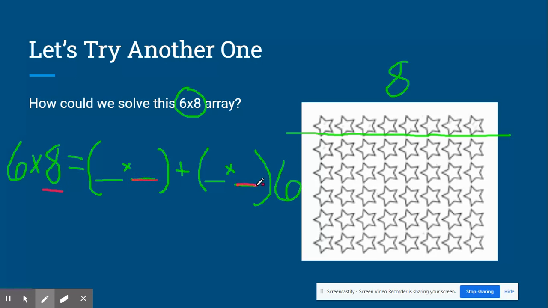The 8 is staying because we did not break apart the columns. So I'm going to go ahead and give you about 30 seconds to figure out what the other numbers are. And they're going to be your blue numbers. So we broke up the 6 some way. Go ahead and fill them out. I'll give you 30 seconds to figure out what factor goes here where my arrow is and what factor goes here. Go ahead, 30 seconds.